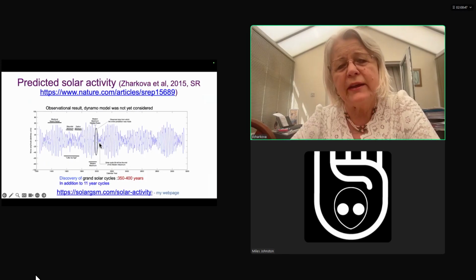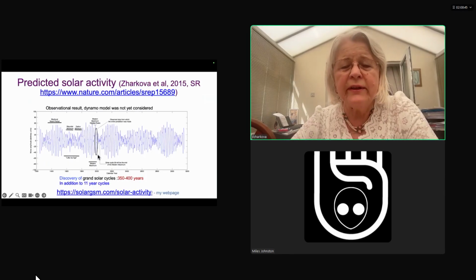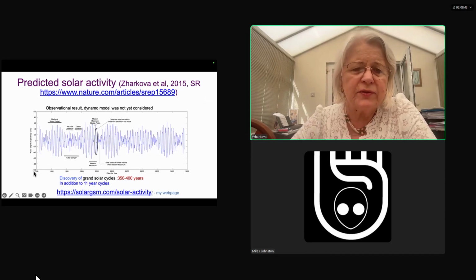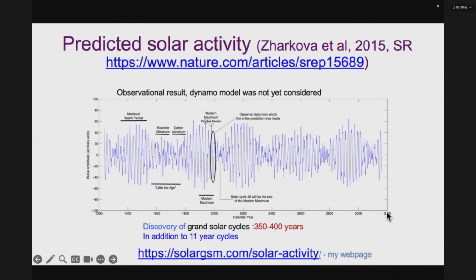So now we come back to what we discovered. We calculated this summary curve for 2000 years from 1200 to 3200, with the oval here showing the data we used from the observations, and here we show that solar activity is exactly coming to a grand solar minimum, because for cycle 25, cycle 26, and 27, the amplitude is reduced very significantly.